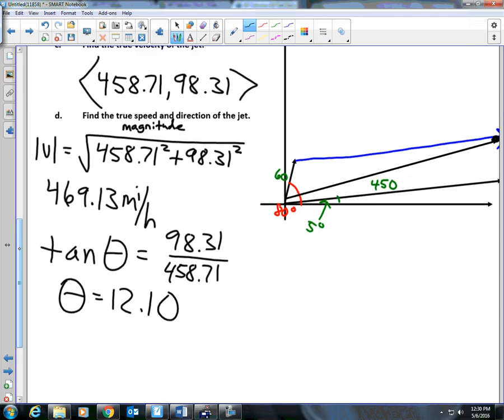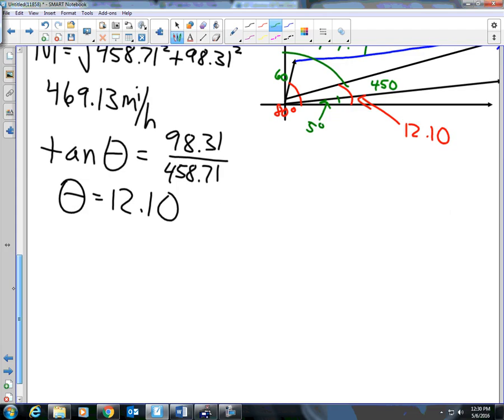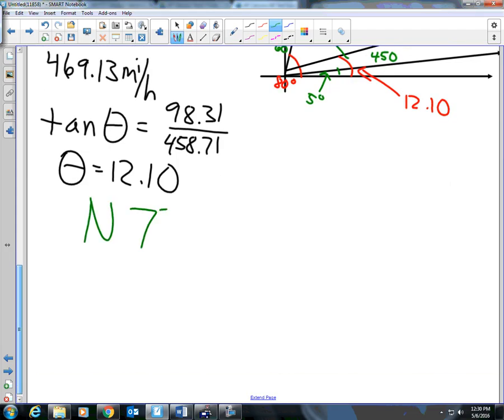Let's look back at our picture. If this red arc represents an angle of 12.10, then what is the measurement of that green arc? 77.9. So the bearing or the direction would be north, 77.9 degrees east. So it's not actually headed at 85 degrees. It's 77.9 degrees.